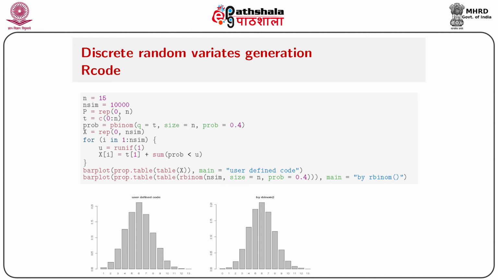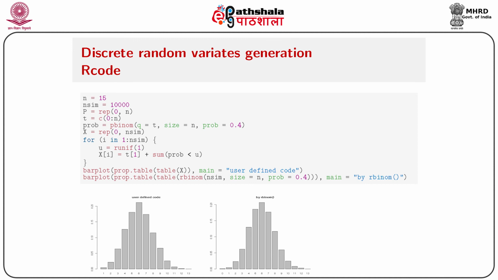So t is 0 to n, and then probability equals pbinom with q equals t, size equals n, and probability equals 0.4. X is then replicate 0, in nsim, just assigning a new array of size 10,000, that is nsim.